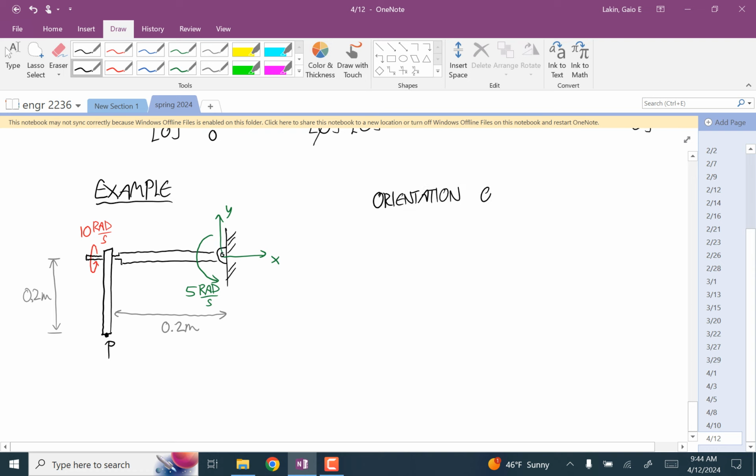So the orientation of the horse, that's this one, affects the axis of rotation of the cowboy.